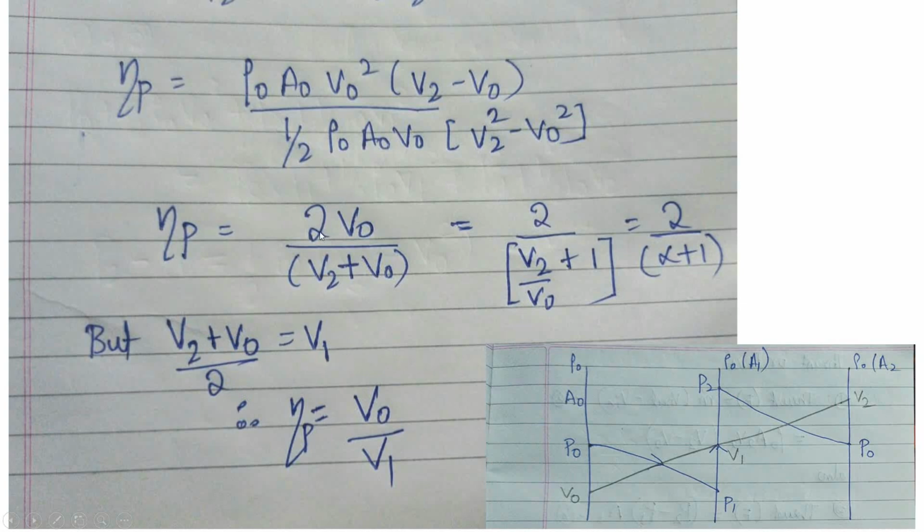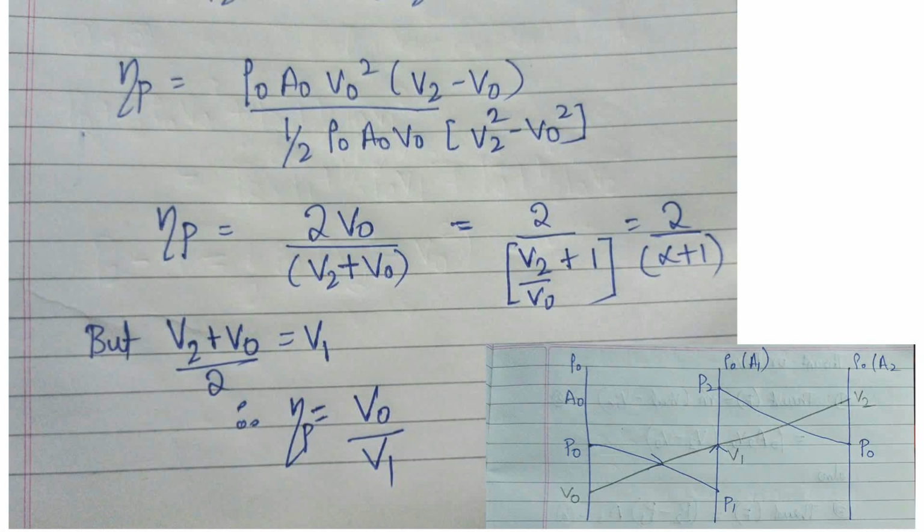And if you substitute this 2 below, if you take this 2 below, V2 plus V0 divided by 2 will now be propulsive efficiency given as the inlet velocity divided by the velocity at the actuator disc is also your propulsive efficiency. Okay, so the whole thing is about momentum theory.